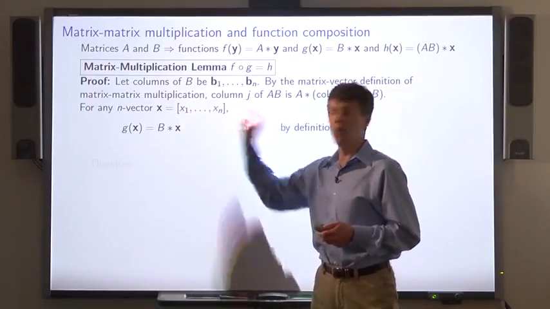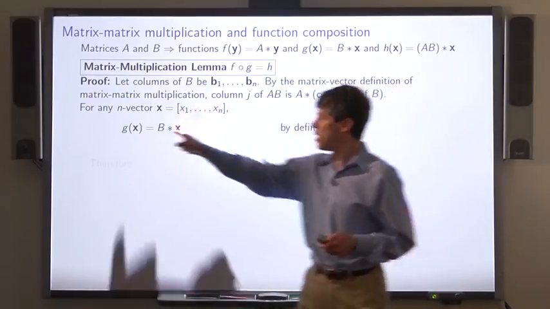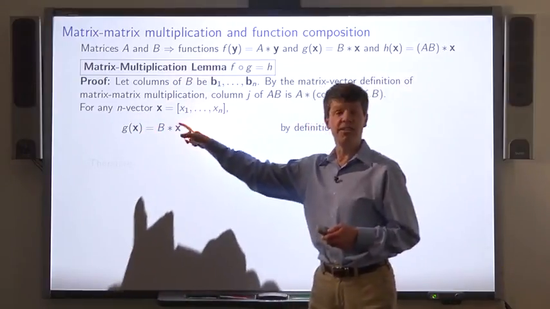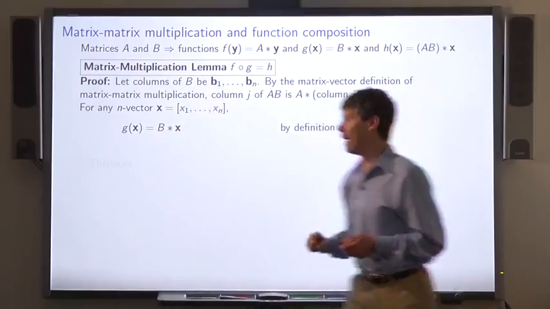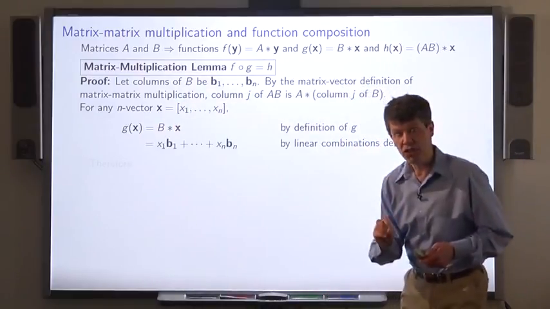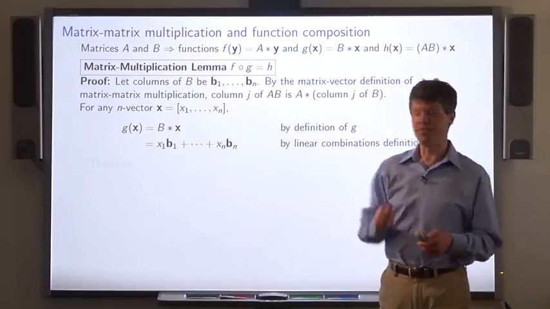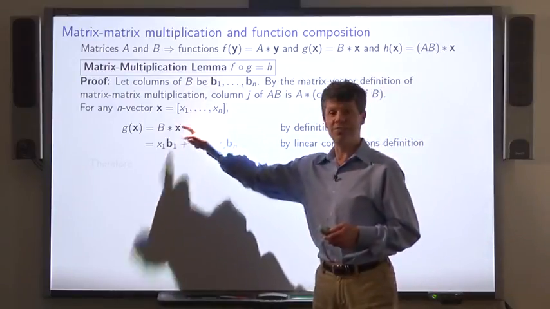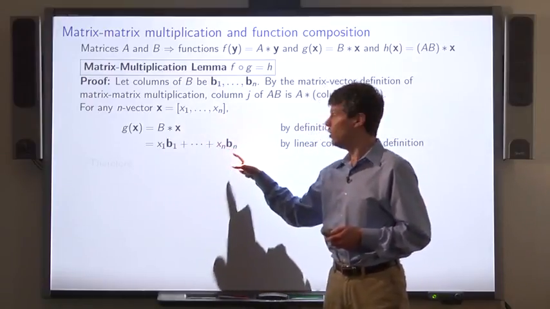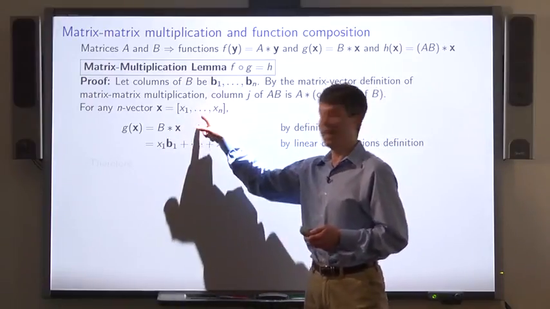Let's say its entries are x1 through xn. Applying the function g to x is the same as multiplying x by B. By the linear combinations definition of matrix-vector multiplication, we can write this vector as the linear combination of the columns of B, where the coefficients are given by the entries of x.